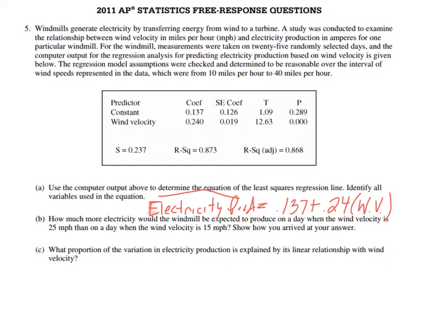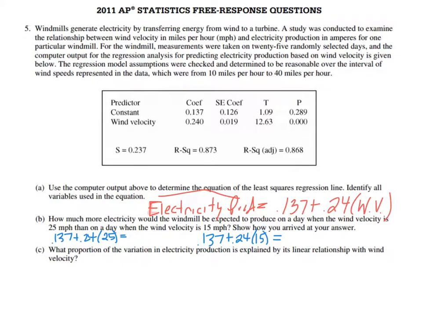How much more electricity would the windmill be expected to produce on a day when the wind velocity is 25 than on a day when it's 15? Well, let's plug 25 in, so 0.137 plus 0.24 times 25. And we'll get an answer. And we'll also do 0.137 plus 0.24 times 15. And we'll get an answer.